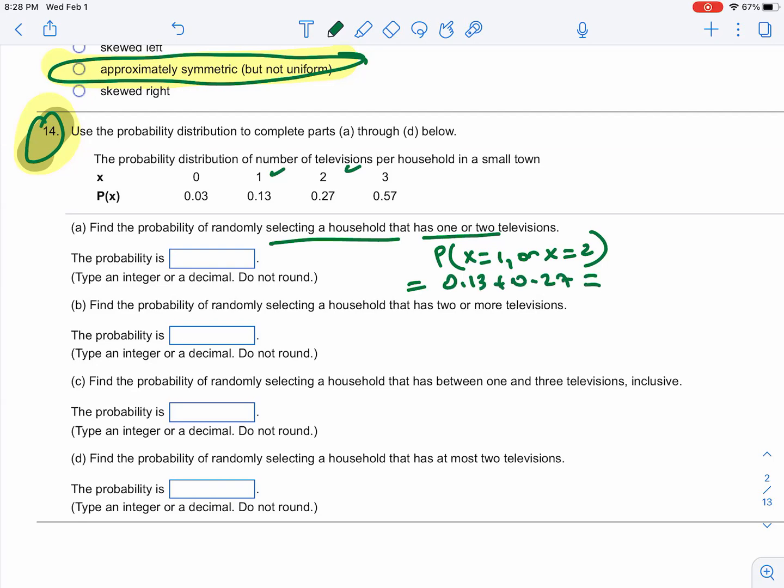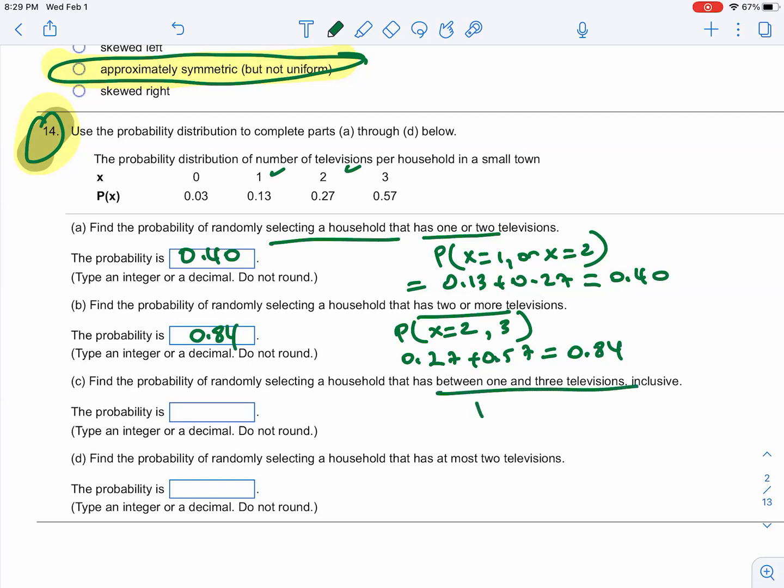Whatever that gives you, 0.40 is what you plug in here. That has 2 or more. 2 or more means X is equal to 2 and 3. So 0.27 plus 0.57, whatever that gives you, I think 0.84. That's what we plug in here.